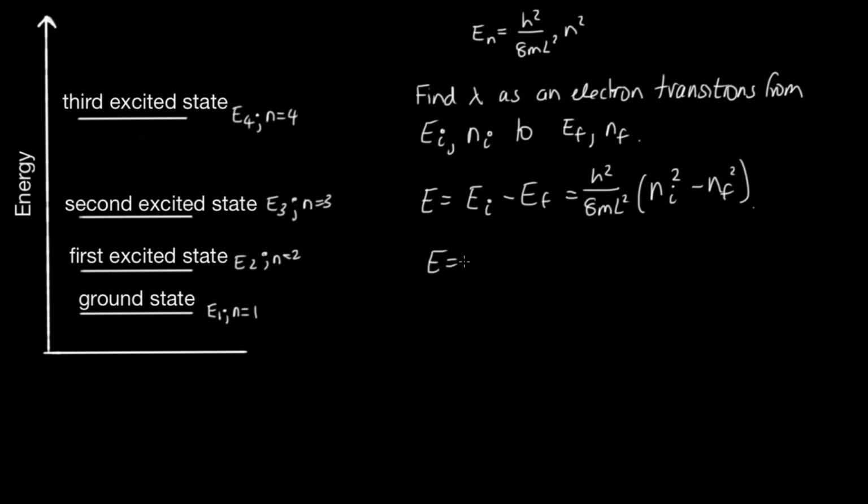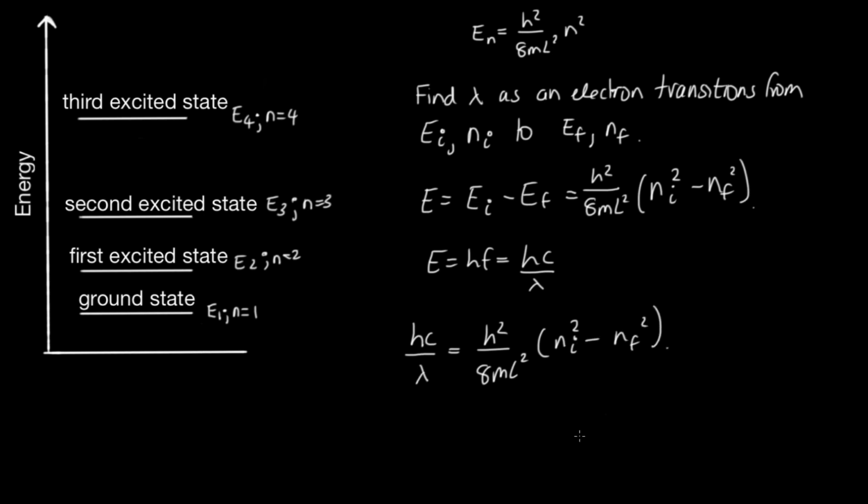So remember, E is equal to hf, which is equal to hc over lambda. Now we've got our energy in terms of lambda, so what we'll want to do is equate these two things. So we have hc over lambda, which is equal to h squared over 8mL squared, times n initial squared minus n final squared.